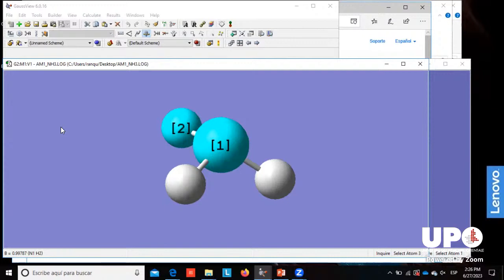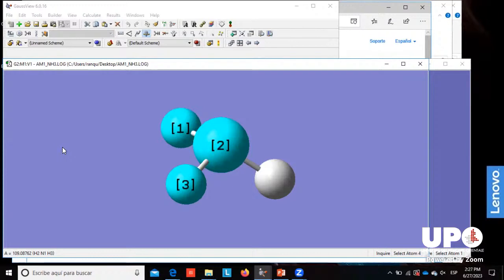And the angle, so this is the distance. And the angle should be somewhere close to 109 as well, right? 109.09. Okay, you should all have around these values.